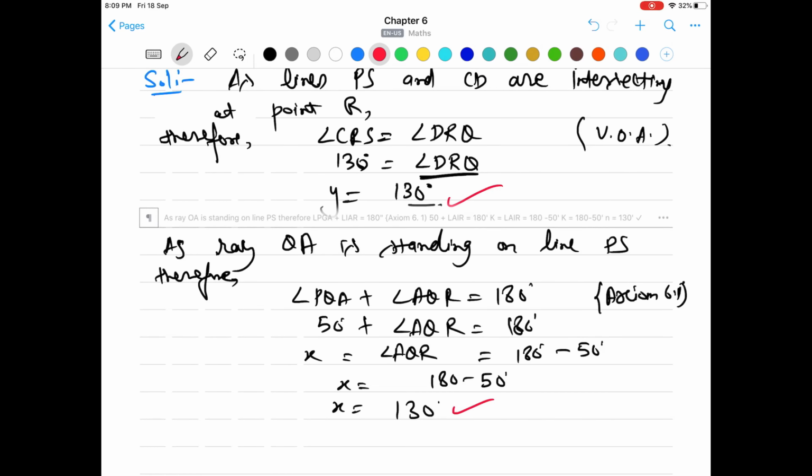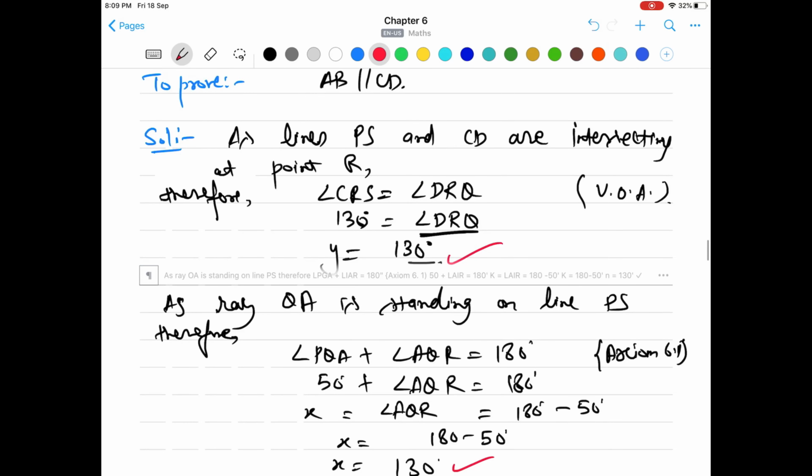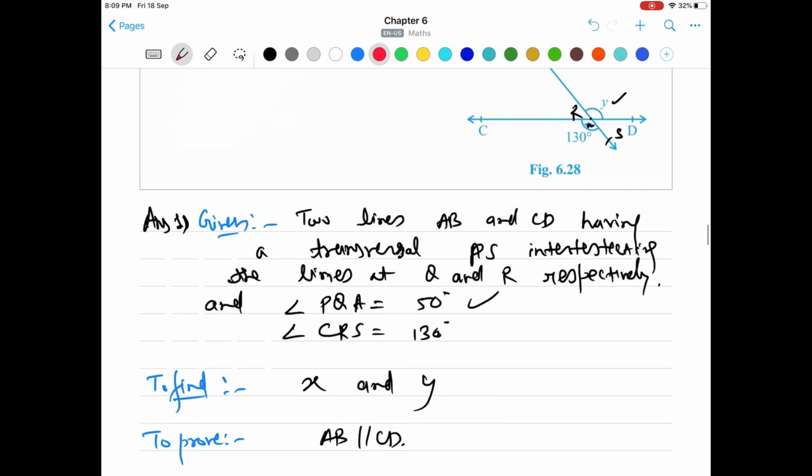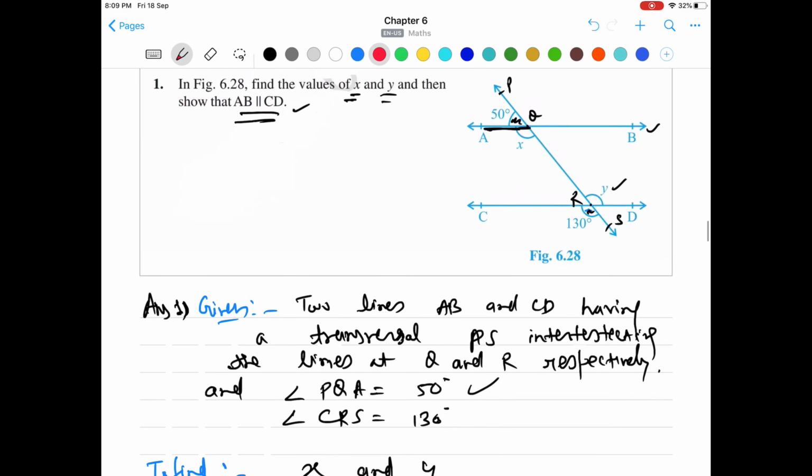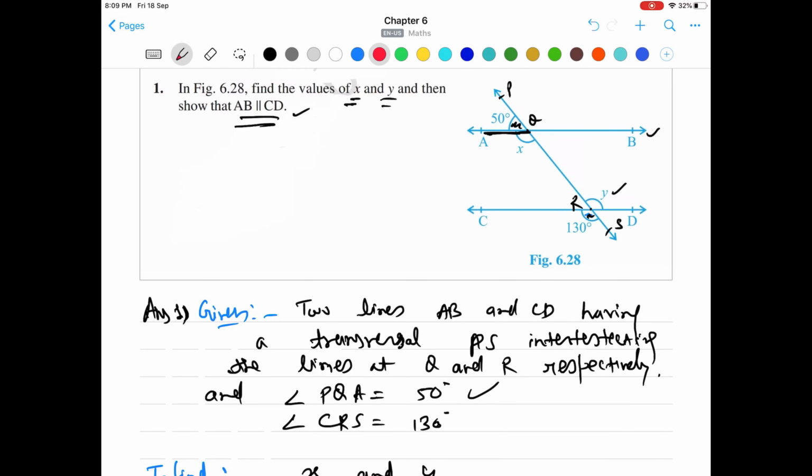And we have studied a theorem, which is theorem 6.3, which says if one pair of alternate interior angles is equal, then the lines have to be parallel.